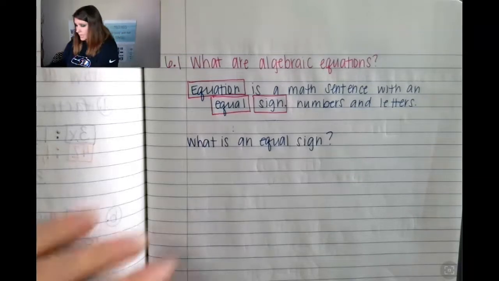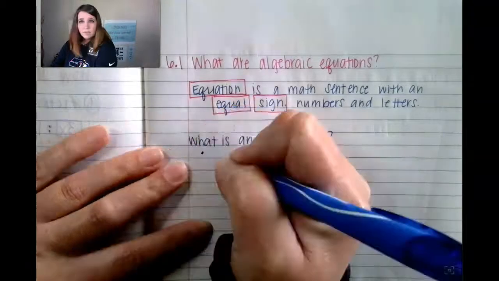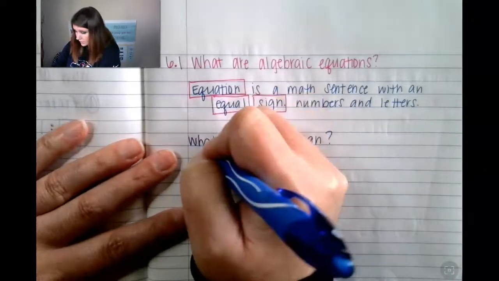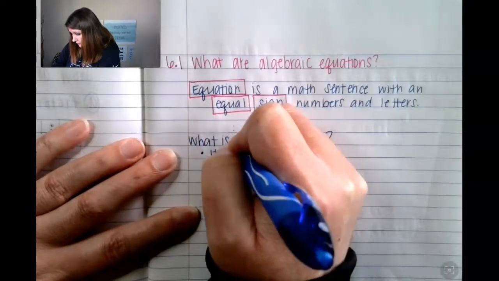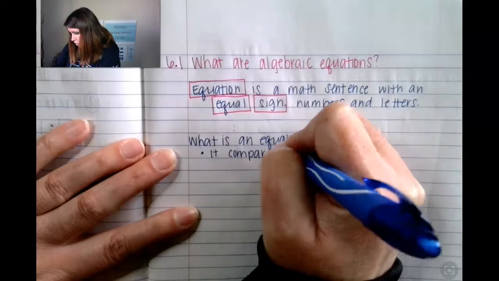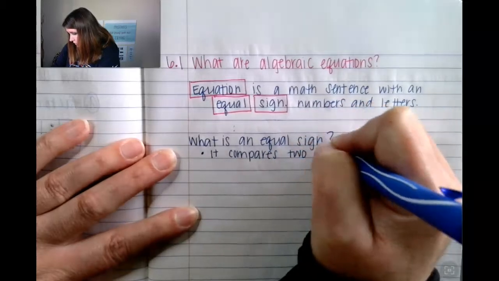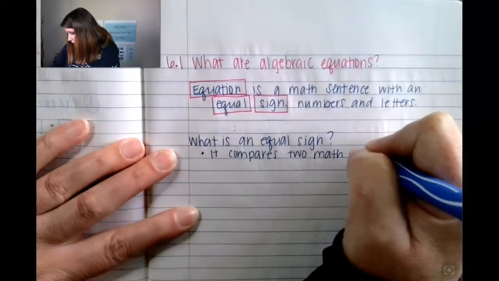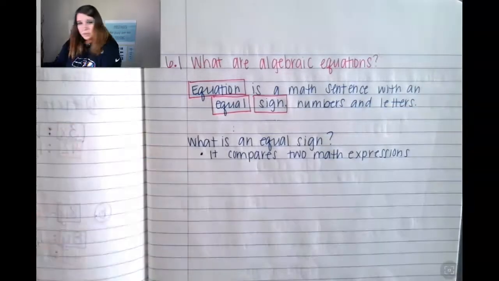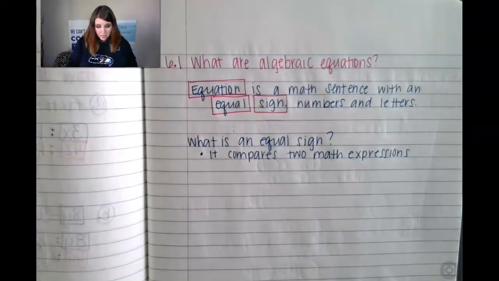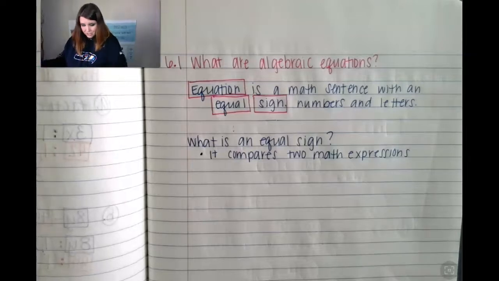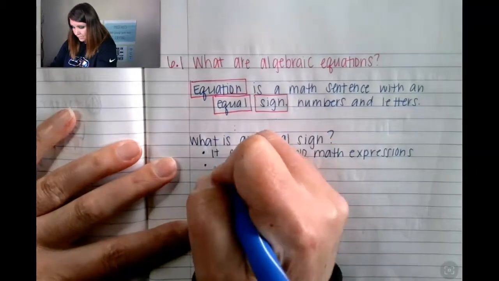Okay, so what is an equal sign? Well, an equal sign is lots of different things, right? So it compares two math expressions. That's what it does. It compares. It also tells you that you need an answer. It tells you to find an answer.